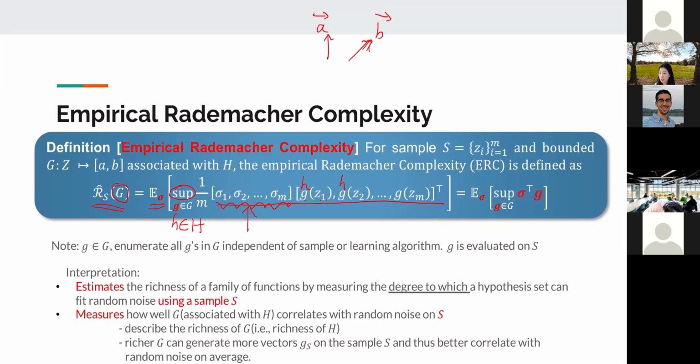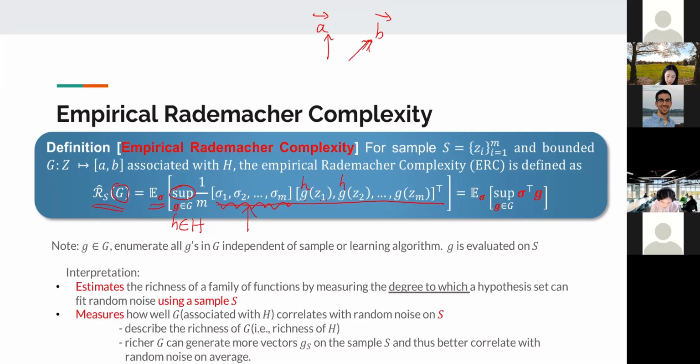It takes positive or negative values with equal probability, and each of the coordinates is independent. So it's really spread out. It's very random, basically. So this means whether your G could capture all the random noises very well.